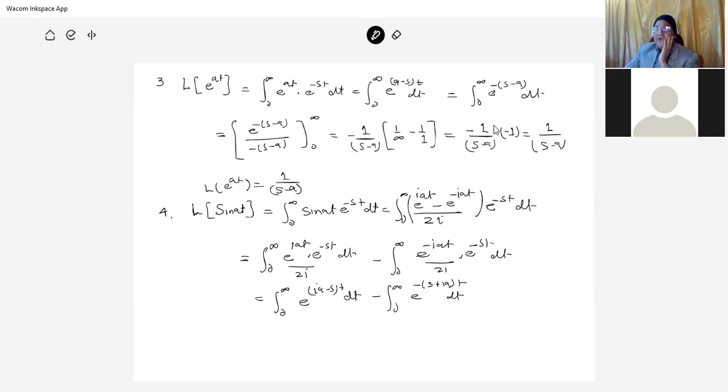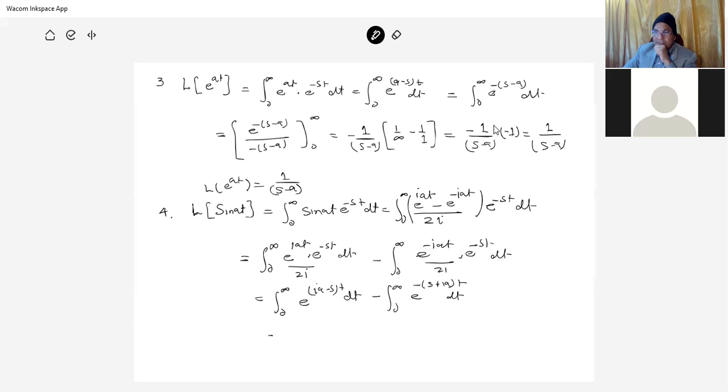So as we have the value e raised to the power at, this is s minus a. If it is minus a, then minus minus is plus.